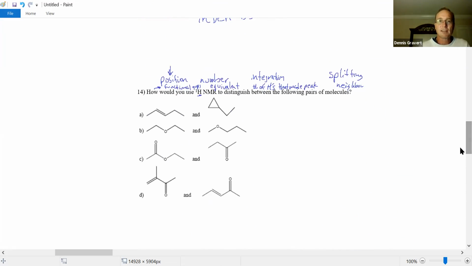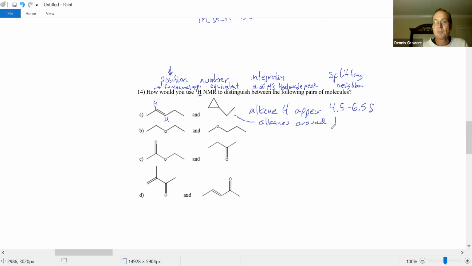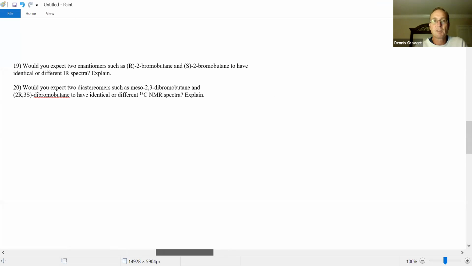So you might say, for A, alkene hydrogens, because there are hydrogens on that alkene, there's just one alkene, up here at 4.5 to 6.5 on the delta scale or ppm. Alkanes around 1. You could go back to the table and pick out some range. I remember 1.8. I don't remember anything more than that.